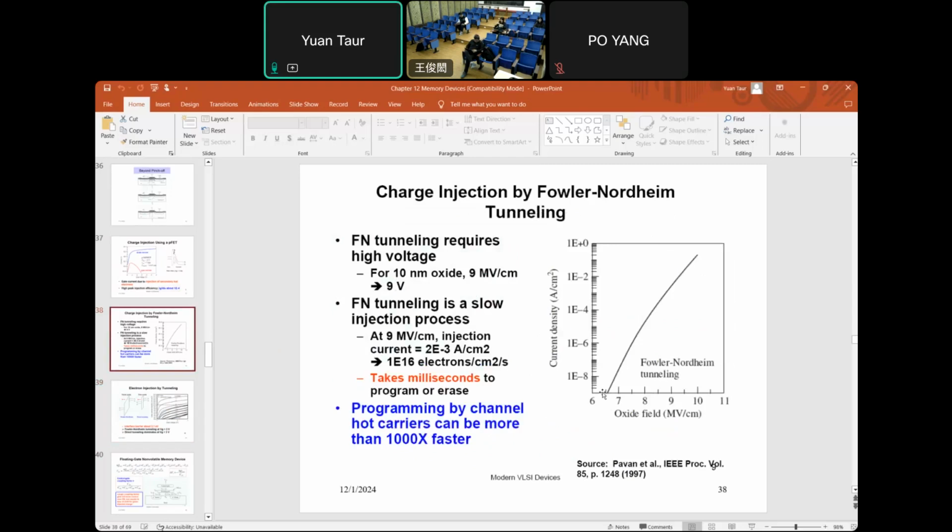And so in fact, it's a fairly universal function of the oxide field. As you can see, the current density is very steep. To achieve something like 9 megavolts per centimeter, we get something like a milliamp per centimeter square.